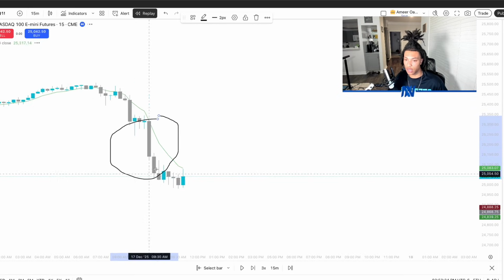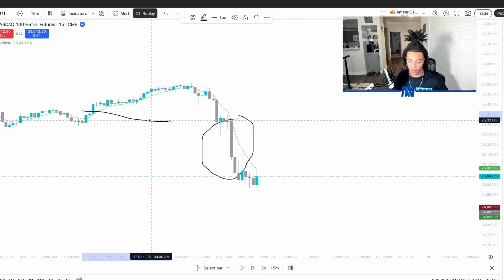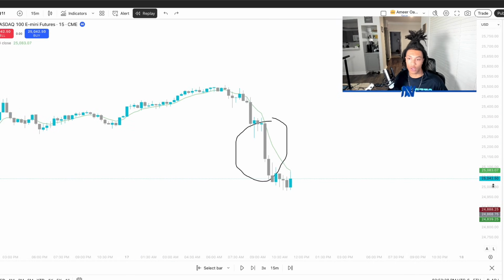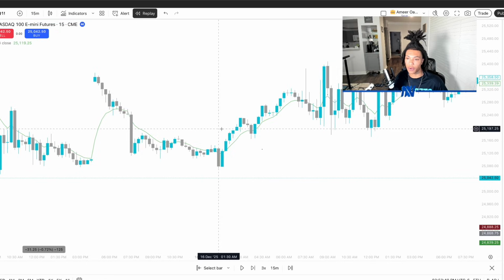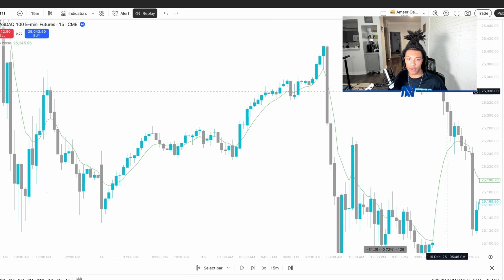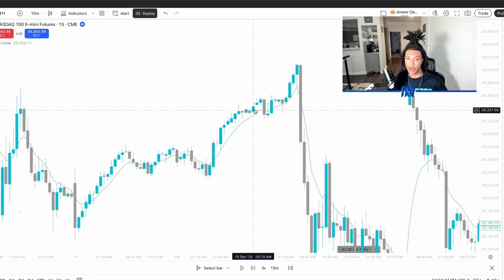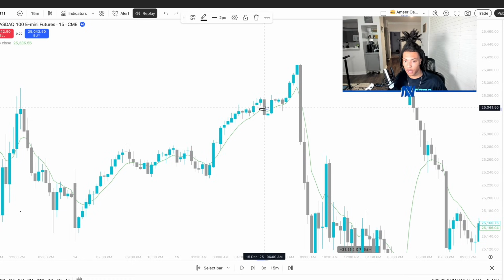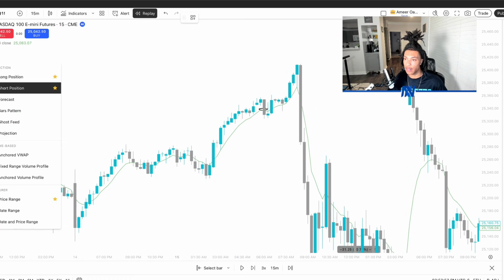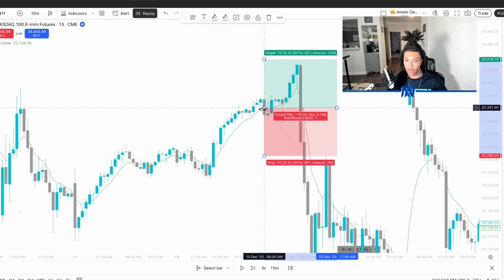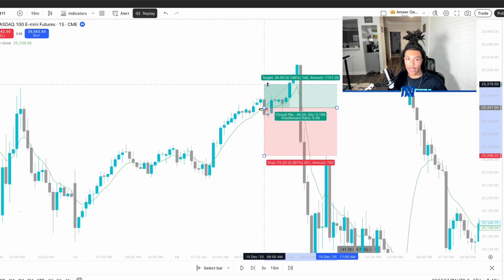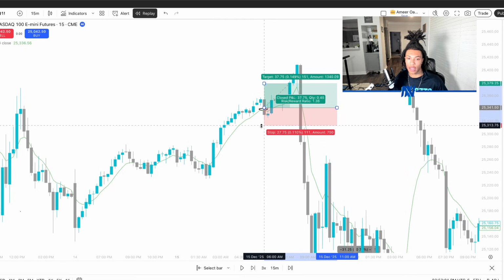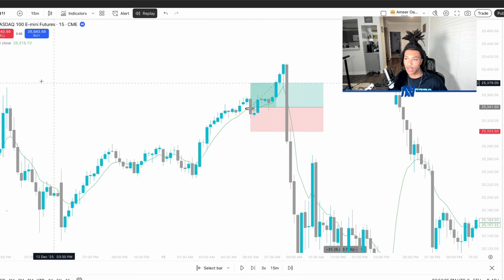But let's just go back to this 15-minute. Let's just say that you are going into a trade right here. You don't wait until it closes, but you end up trading right here, and then you take an entry right here. So it ends up breaking through this 15-minute 8 EMA, and then ends up coming back to the upside, and then ends up hitting the take profit.